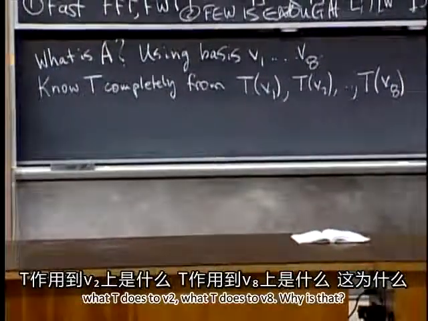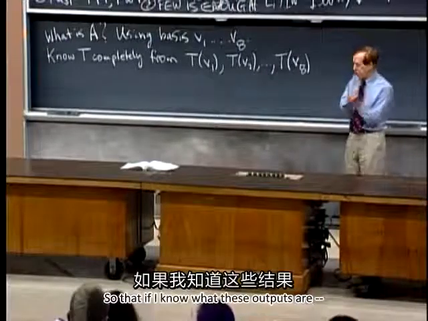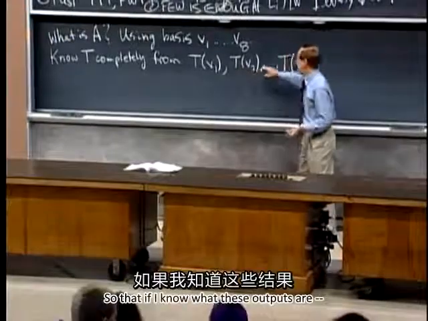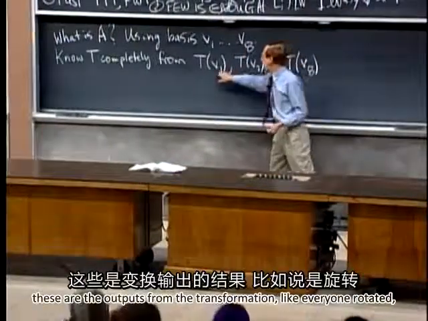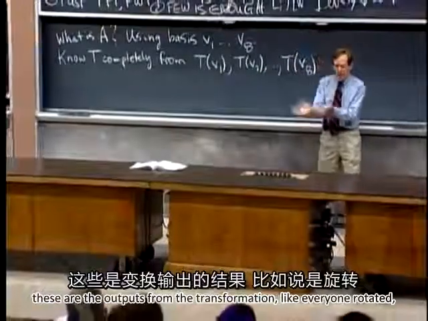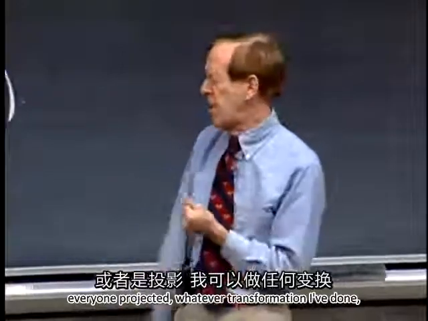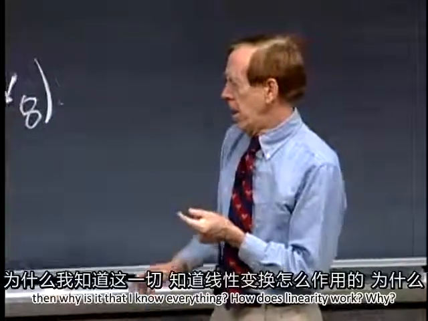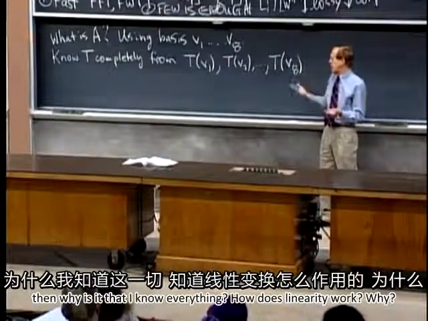Why is that? It's because T is a linear transformation. So if I know what these outputs are, so these are the inputs, V1 up to V8. These are the outputs from the transformation, like every one rotated, every one projected, whatever transformation I've done. Then why is it that I know everything? How does linearity work?